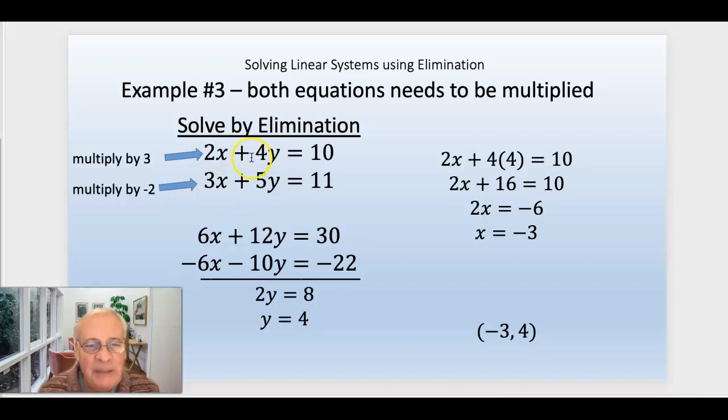We could also eliminate the y here. We could multiply the top by 5 and the bottom by -4 and eliminate the y. But here we're doing it this way to eliminate the x, because we get 6x and -6x. We add them together, and it eliminates it. We end up with y equals 4. Plug it back into one of the original equations, and we get x equals -3. Then just double check the (x, y) in the other equation, and it does work.